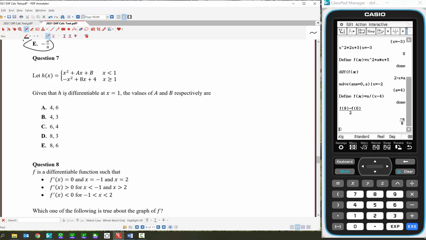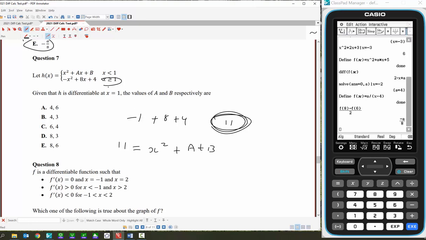Okay, given that h is differentiable at x equals 1, the values of a and b respectively are. So if it's differentiable, it's got to be continuous. So that means that if I pop x equals 1 into this, -1 plus 8 plus 4, 11. So that means that 11 is equal to x squared plus 1 goes in here, a plus b.